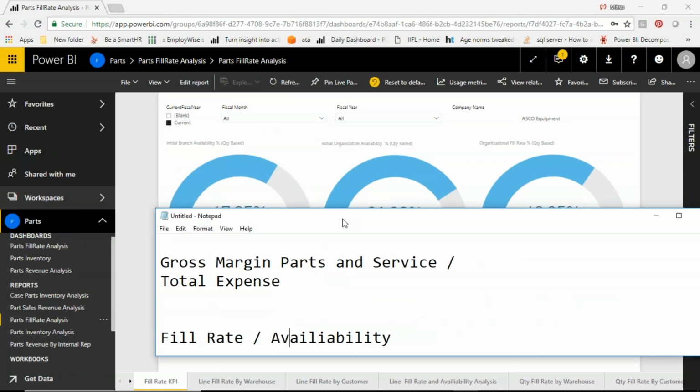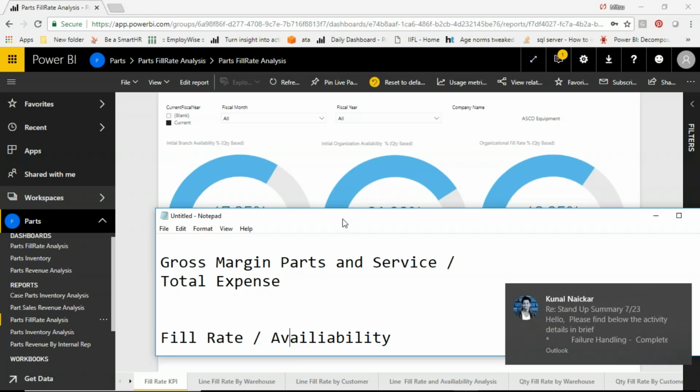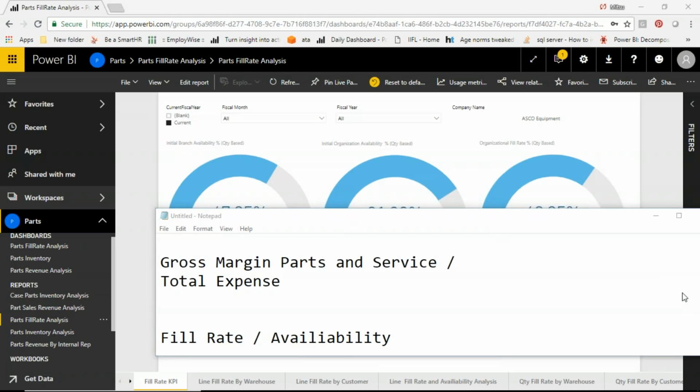Availability is a measure of what was available with you in your branch when the order came in, and what was available with you as an organization when the order came in, irrespective of how you decide to fulfill the order. So it's basically initial availability.